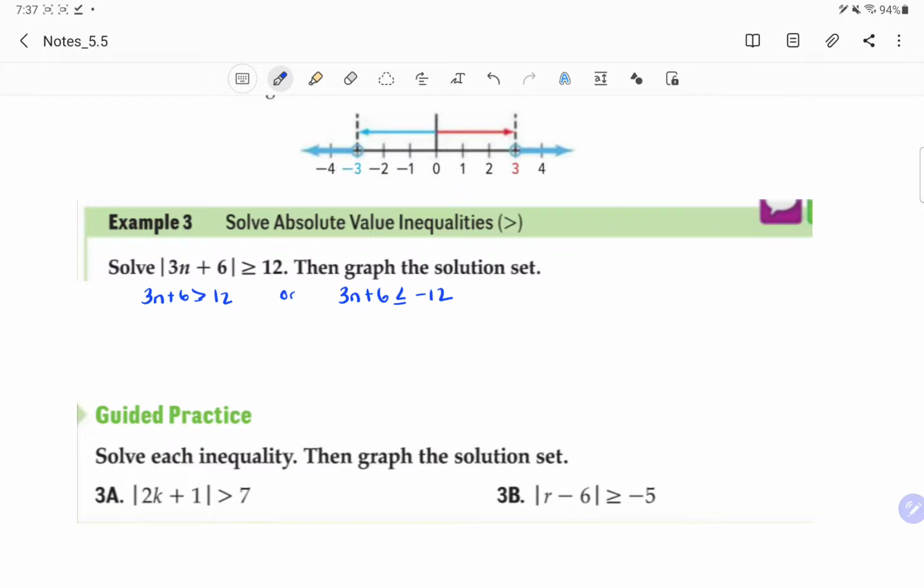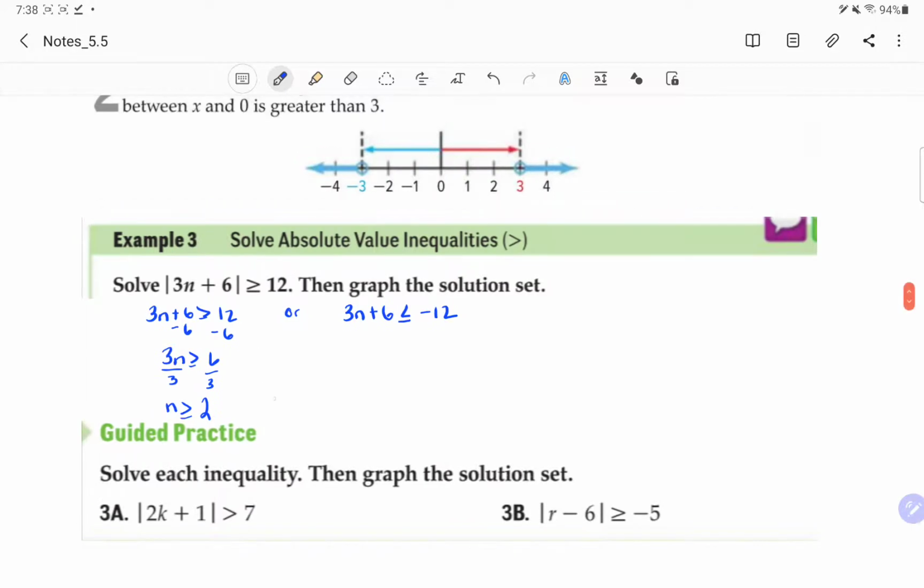So it's still set up the same way as before. I'm going to subtract my 6 from both sides. That'll give me 3n is greater than or equal to 6. Divide by 3 to get n alone, and you'll get n is greater than or equal to 2.